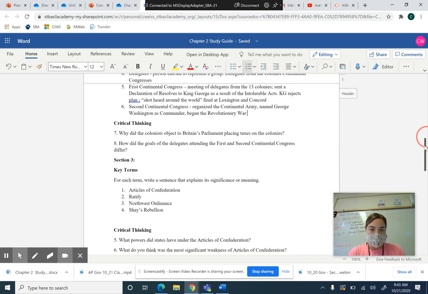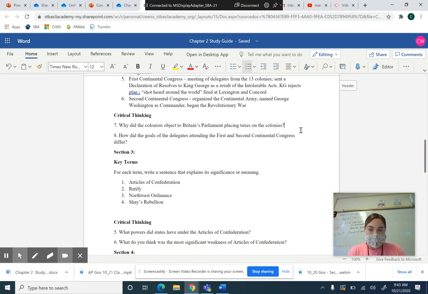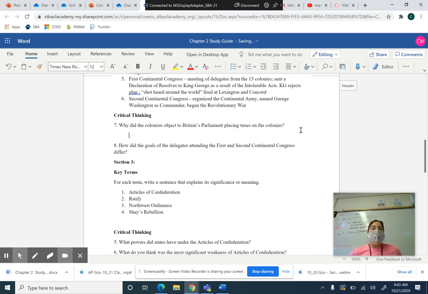Just going to scroll down past delegates. Why do the colonists object to Britain's Parliament placing taxes on the colonies? It wasn't fair. They didn't think it was fair, but why? Excellent. No taxation without representation.